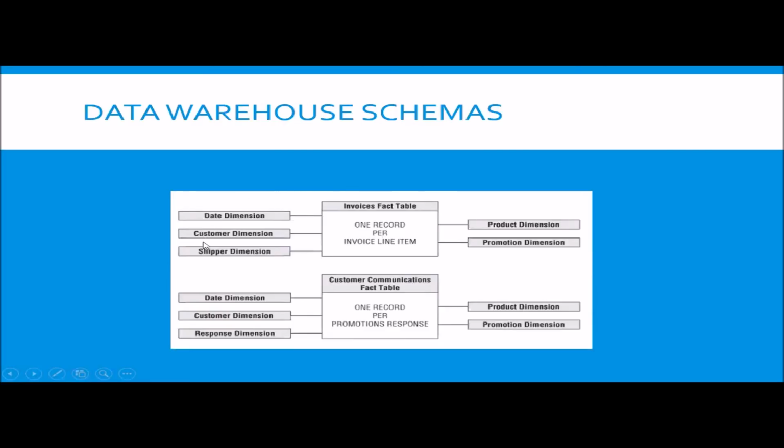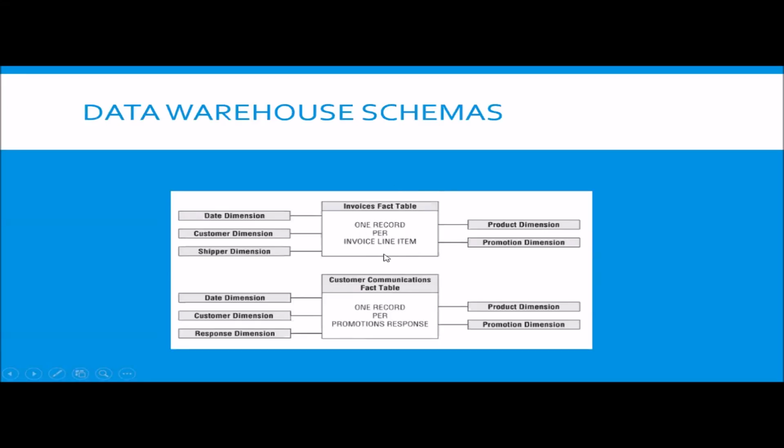Typically, these systems are organized in what's called a star schema, which is really just a fact table that has the measures such as revenue, surrounded by the, or this is a product table here.